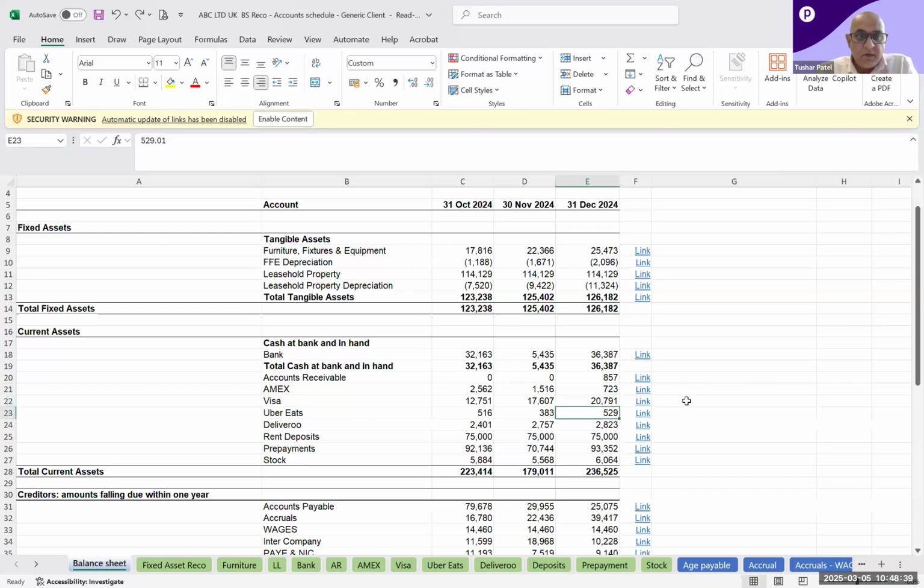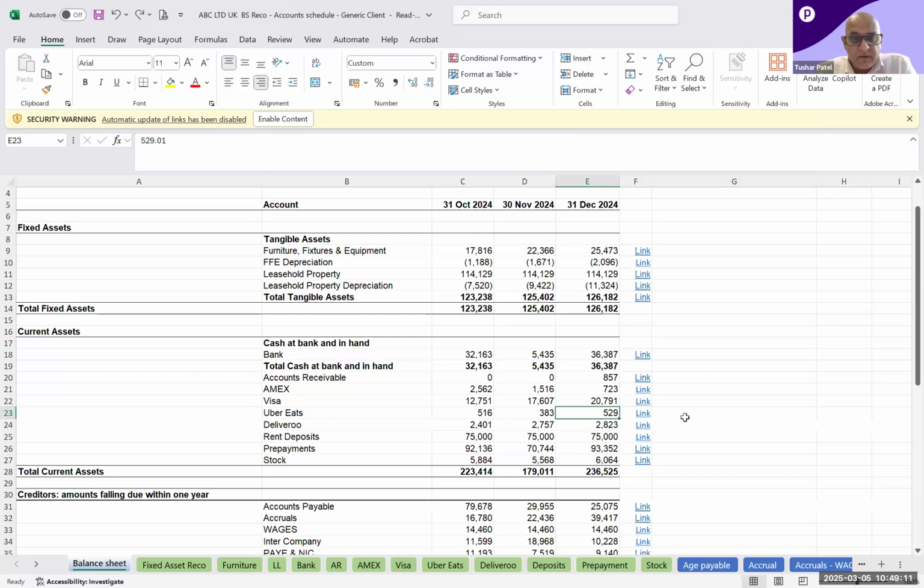We've then got Uber Eats, Deliveroo, anything else that you tend to use as a delivery service. That's very much similar to Amex and Visa, where you may have booked the amount within your EPOS as a sale, but the actual physical cash from Uber Eats or Deliveroo has not effectively been received until it's paid a couple of days later.